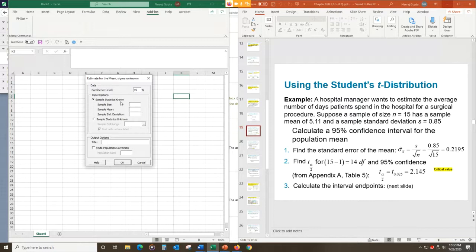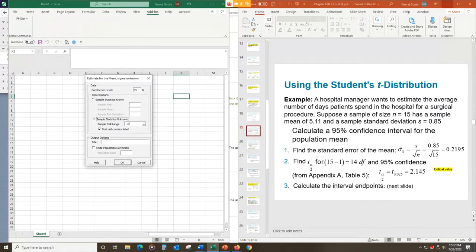That's what sample statistics known means. What does sample statistics unknown mean? Unknown means that you are given the data and you are not explicitly given the sample mean and sample standard deviation. So you do not have to calculate the sample mean or sample standard deviation yourself first to find the confidence interval. You can just select this one, okay?